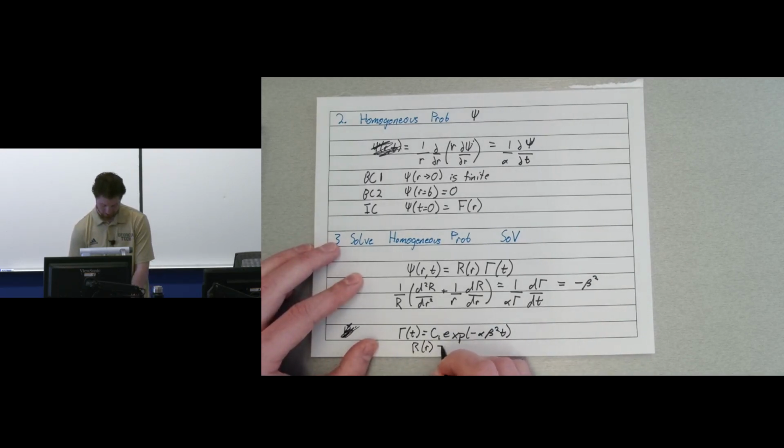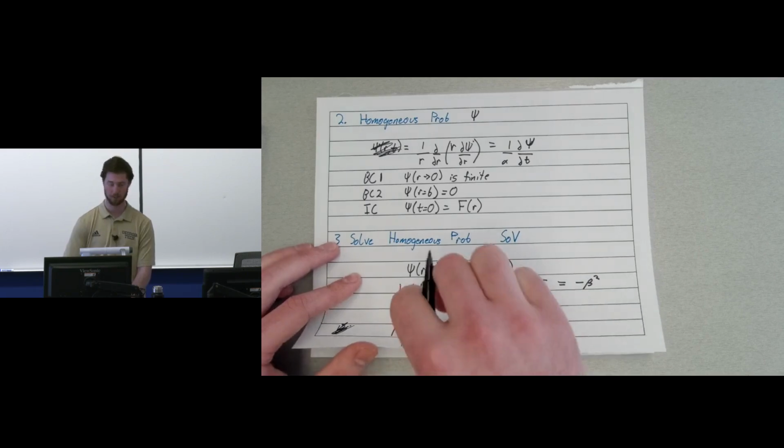All right, and what's our function of r? C2, yep, our Bessel function of the first kind of order 0, beta r, plus C3, Bessel function of the second kind of beta r. Okay.